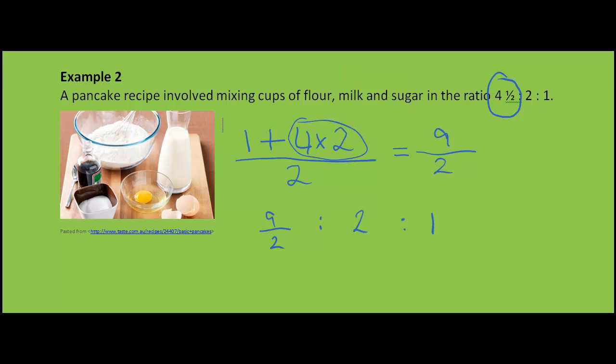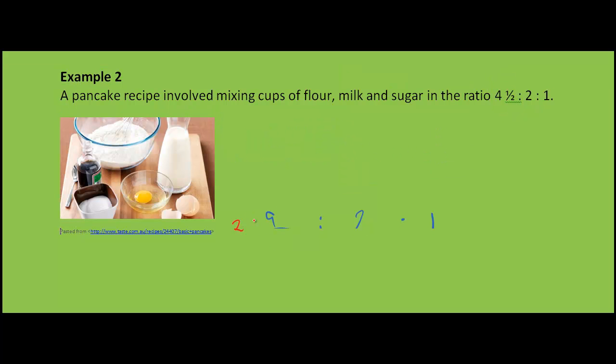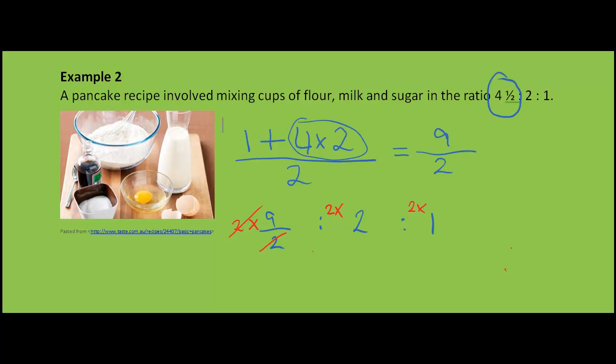What we can do now is multiply every number in that ratio by 2. And when we do that, we will get a new ratio of 9 is to 4 is to 2. This ratio is in its simplest form and is made up of whole numbers. This example has demonstrated how to rewrite a ratio involving mixed fractions so the final ratio contains only whole numbers.